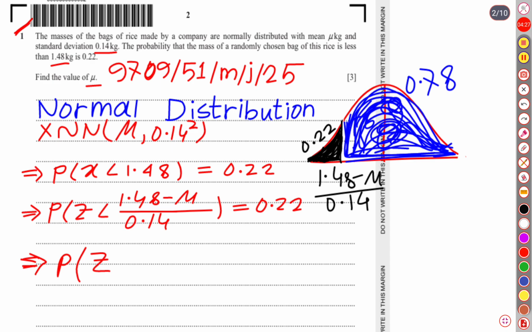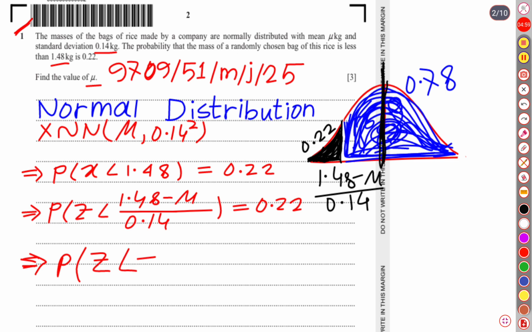It is lying on the left side of the mean value. If any z-score lies on the mean value, meaning this one, the standard deviation is 0, so here our z-score is 0. At this midline, the z-score is 0. So if any z-score lies on the left side, it will be negative. That means we have decided that our z-score is negative.